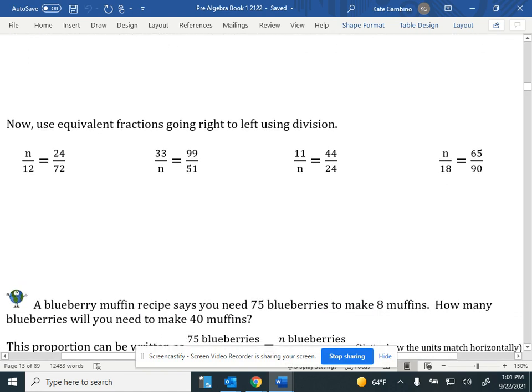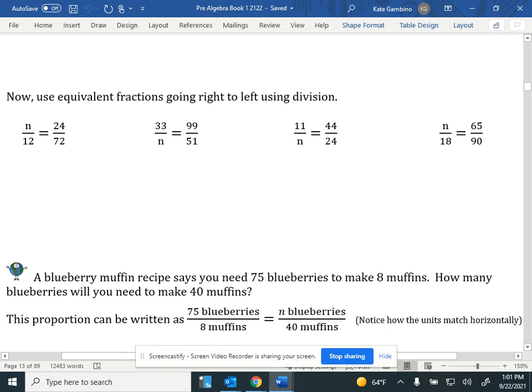But now, on the next one, you're going to go from the right to the left. You're going to be simplifying it down. So to simplify it down, we divide. So if we think about what we had done over here, I had said 2/7.